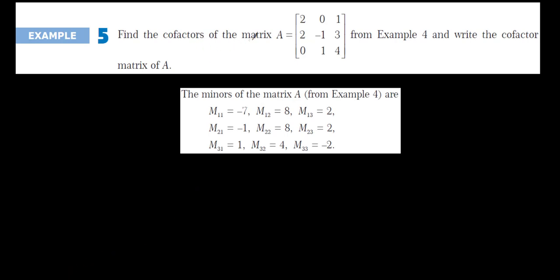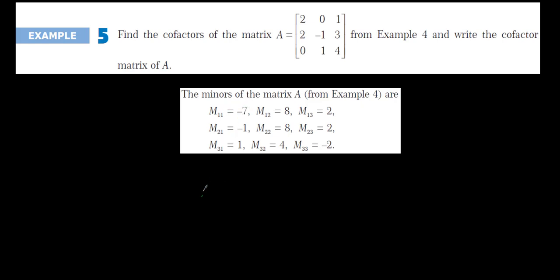Here, find the cofactors of matrix A. This is from example 4, and write the cofactor matrix of A. These are the minor values, and from the minor values we can easily get the cofactor values. M11 is equal to minus 7.